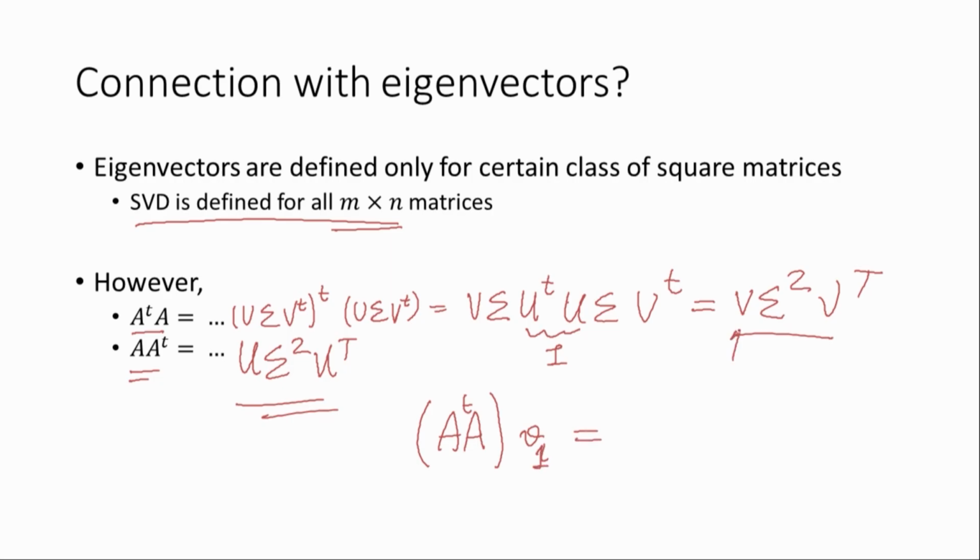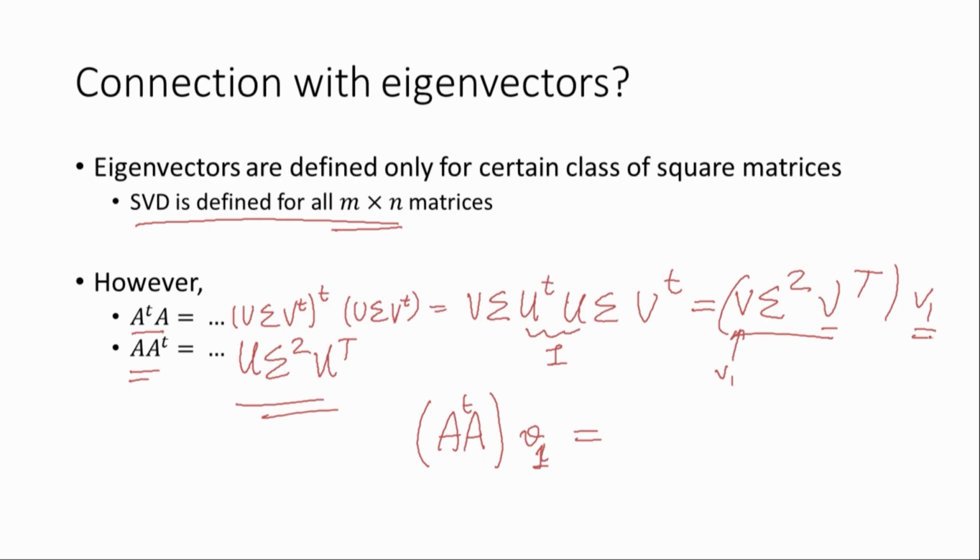V1 is the first column of V. From this decomposition that we have written, you should be able to say immediately. If I multiply this by V1, first I multiply V transpose times V1.